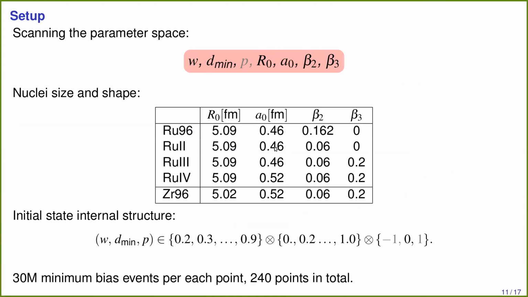Then at each point I generate 30 million minimum bias events and get my observables. As I said, I'm not showing the dependence on P, but of course you can also include more parameters. If you have a not very big cluster, it's not a big deal. It's not very complicated.